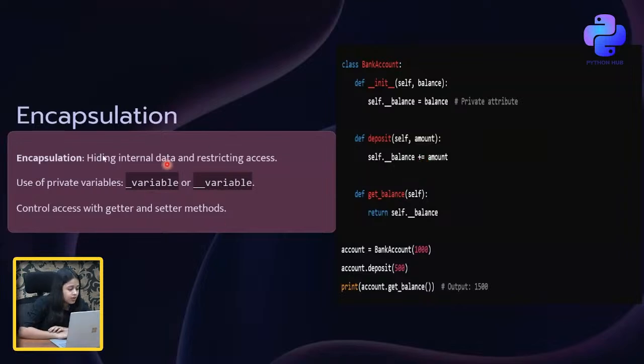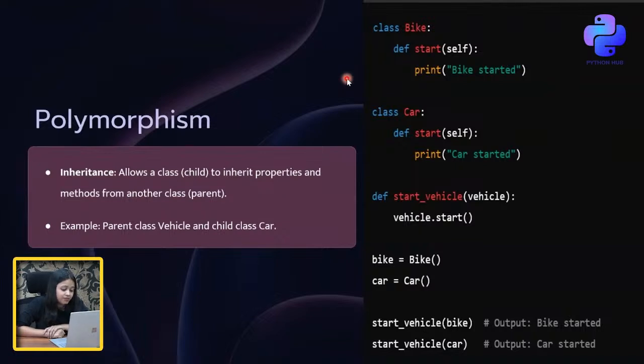I hope encapsulation is clear and we can move to the next OOP concept, which is polymorphism. Now what is polymorphism? The word itself says that it means many forms.